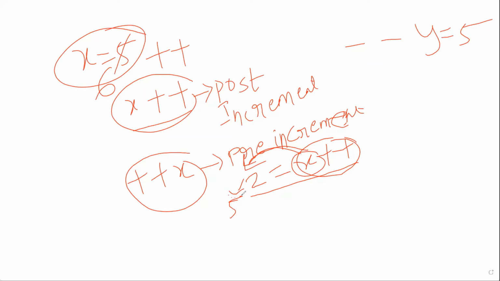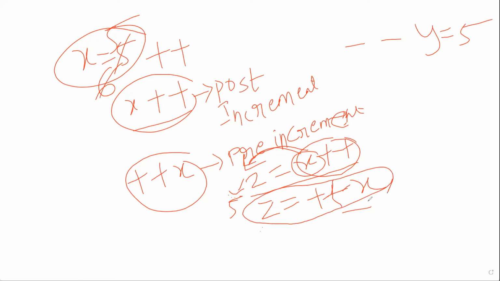Assume x is 5 only, and I'm using the statement z equal to plus plus x. This is nothing but a pre-increment. This statement is saying that first you increase the value of x, then assign it to z.